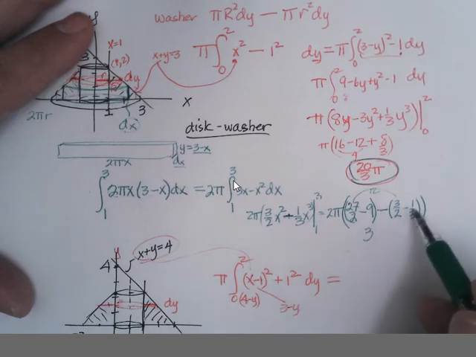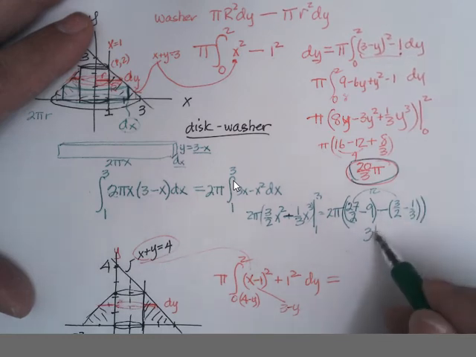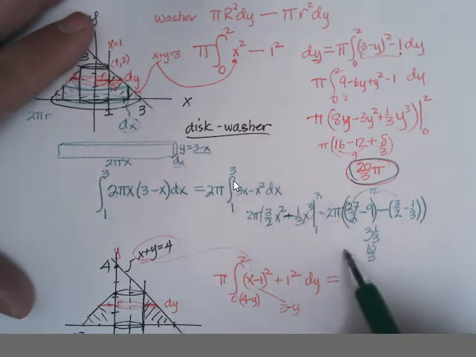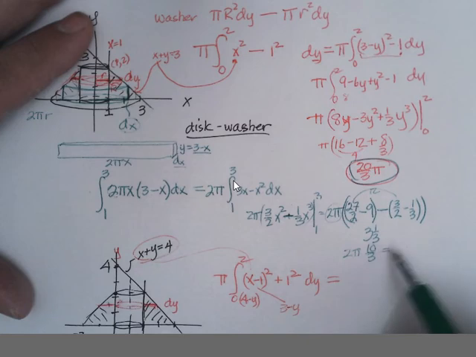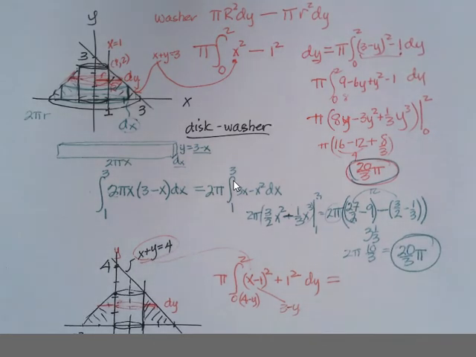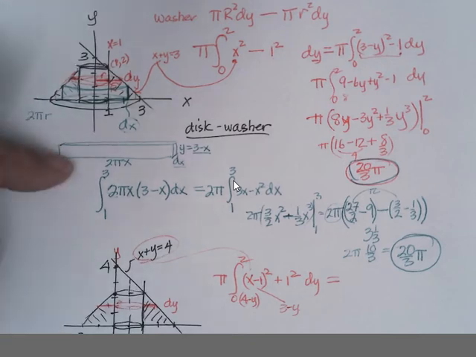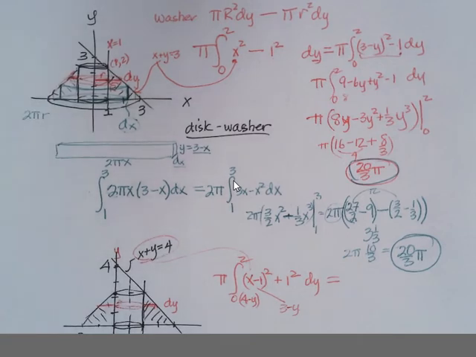Minus a third is plus 1/3. And 3 1/3 is 10/3 times 2 pi is 20/3 pi. So we can do a ring method or a disc washer method to solve these problems.